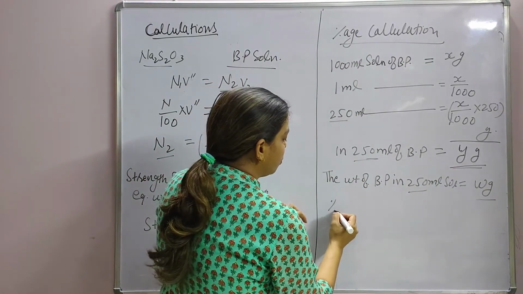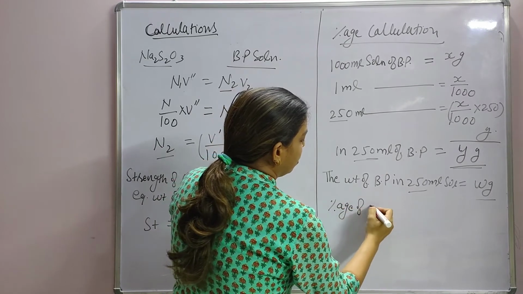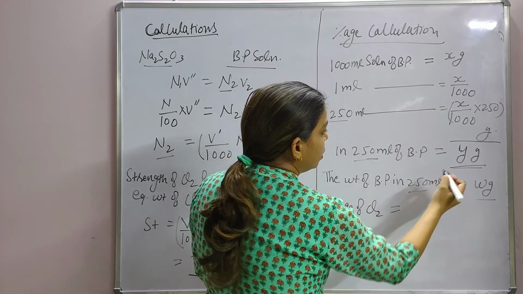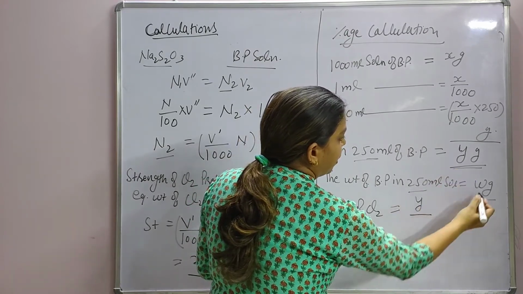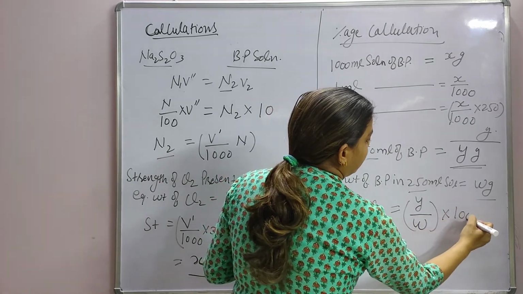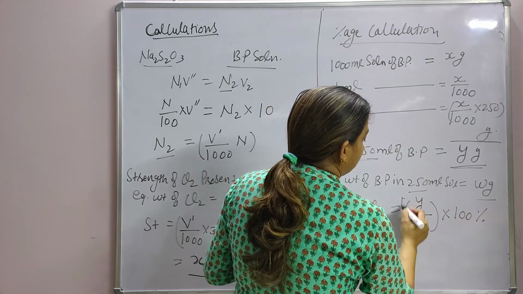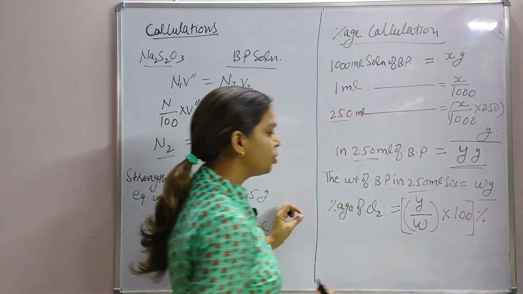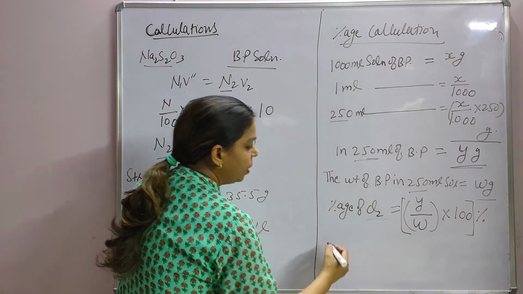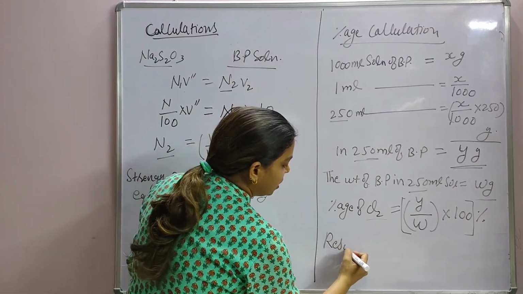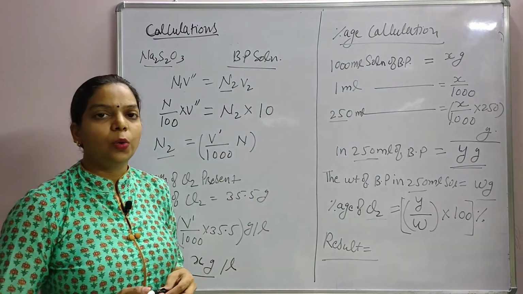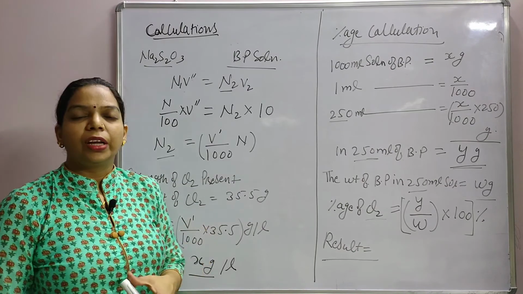So percentage of free chlorine or available chlorine is equal to the weight of chlorine divided by the total weight of bleaching powder multiplied by 100%. So this will be the total percentage of the chlorine present in the bleaching powder, which is freely available, and you have to report this in your result. So this way we can find out the available chlorine in the bleaching powder.